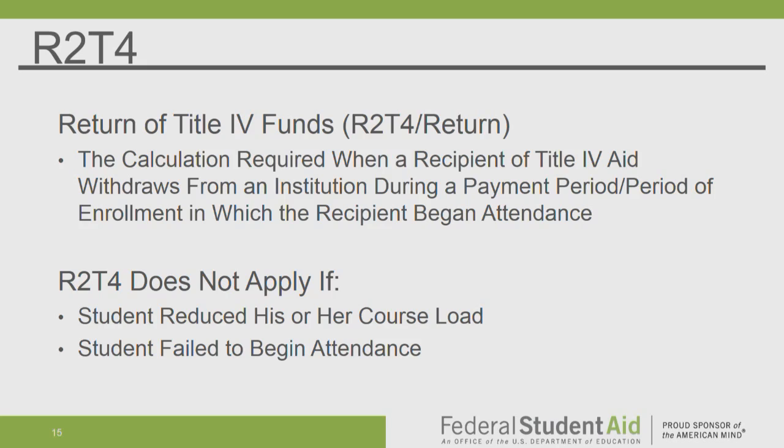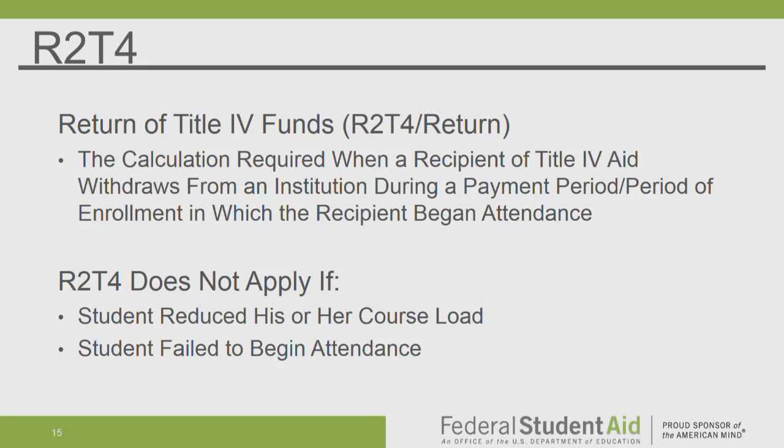For a student that began attendance, unless the student withdraws from your institution, there is no need for you to perform an R2T4. For the purpose of Title IV, a student is not considered withdrawn unless he or she ceased attendance or withdrew 100% from all his or her eligible scheduled courses for the payment period or period of enrollment.